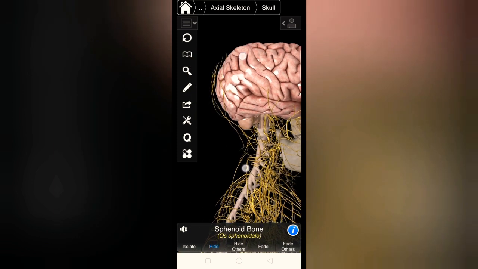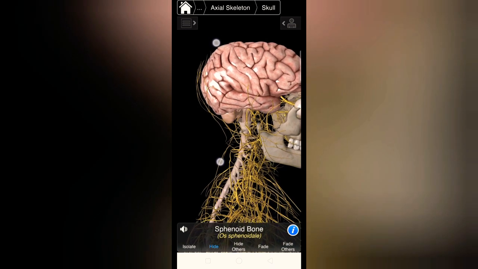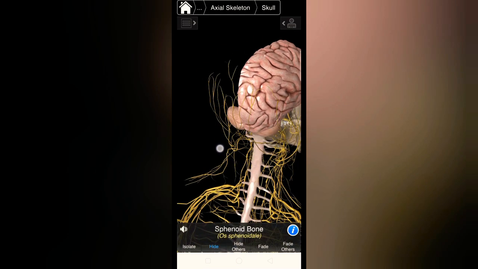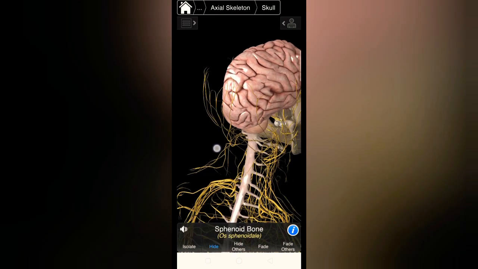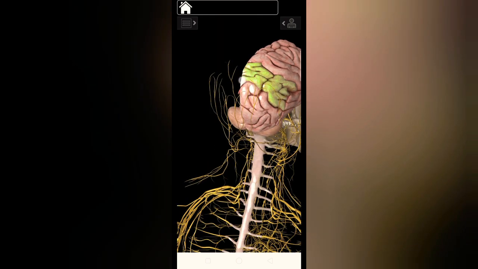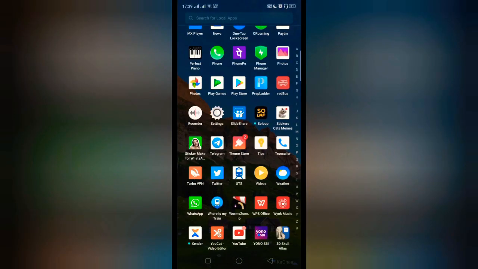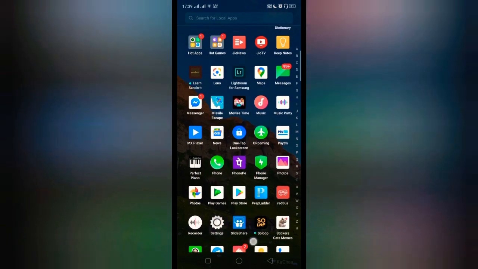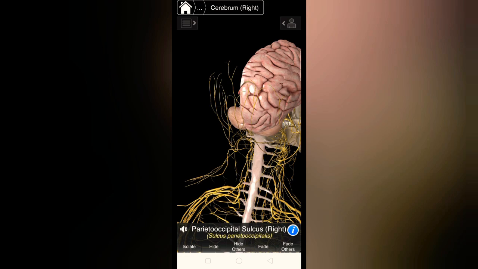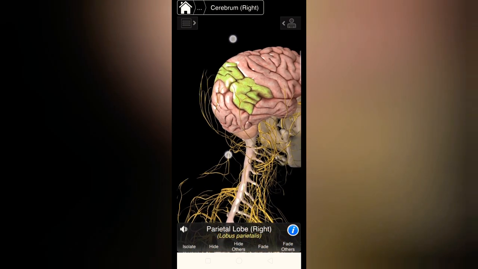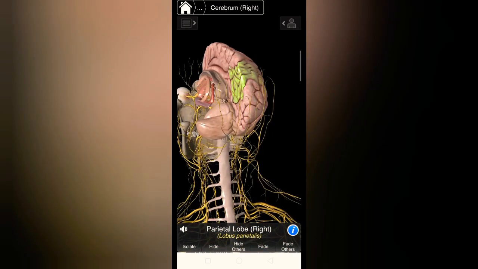Alright, now the last sulcus, the parieto-occipital sulcus. For the parieto-occipital sulcus we generally have to look for the pre-occipital notch. If we find the exact location of the pre-occipital notch, then we can define the parieto-occipital sulcus. In order to get the pre-occipital notch, this is our occipital pole.